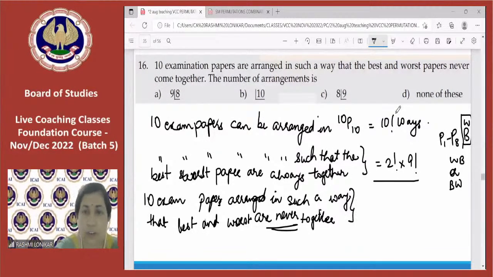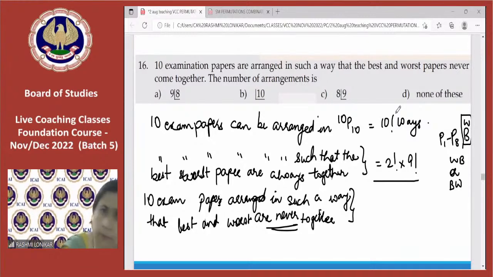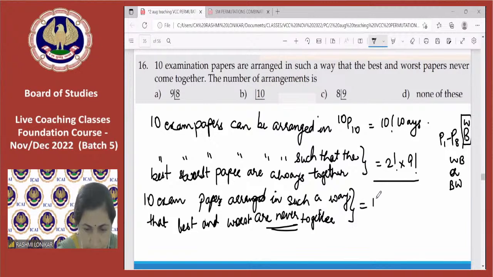So 10 factorial is the number of ways in which I can arrange all 10 papers without any restriction. Then I put the restriction that best and worst should always be together. So from the overall, all papers can be arranged without any restriction, minus this restriction, will give me the answer to my question: the arrangement of 10 papers in such a way that the best and worst papers are never together is equal to 10 factorial minus 2 into 9 factorial.